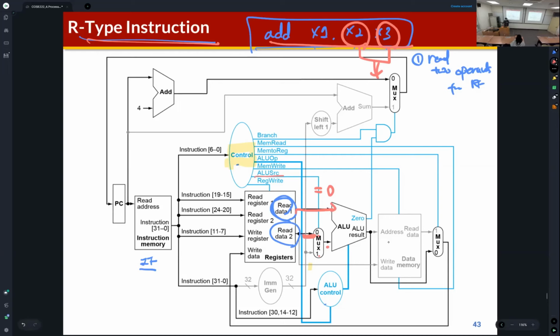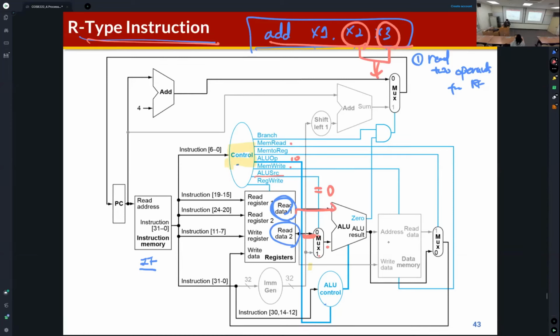And then you can find the other control signal. Actually, ALU OP is 1, 0. Okay, so it's the R-type instruction. And how about the memory control signals? You can find the mem write or mem read. What is the value of this mem read or mem write?